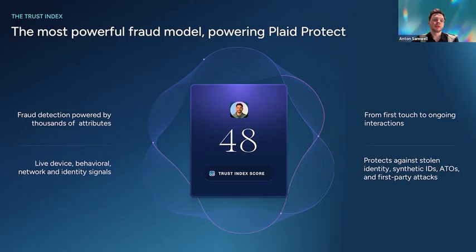We built the trust index to help detect 4 major types of fraud attacks: stolen identities, synthetic identities, account takeovers, and most importantly, first-party fraud. Those don't all look the same. Account takeover looks very different from synthetic identity. So we need to pull from all these different data sources and combine these signals to get one risk score.